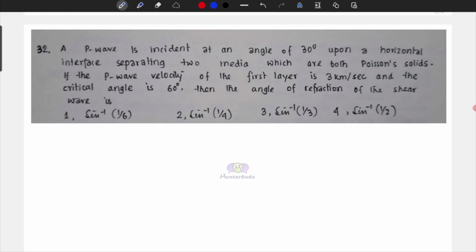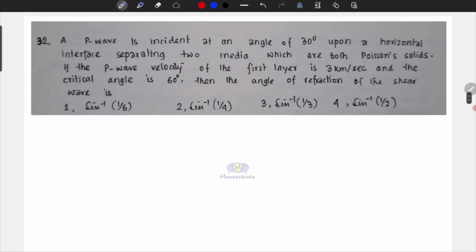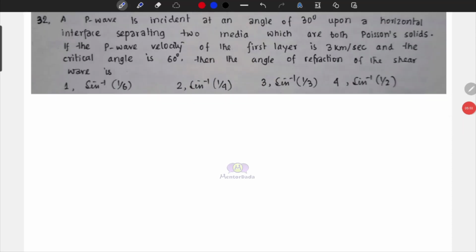Of course this is a numerical, so you have to calculate first and then match with your options. Let's start. Just draw an image. This is the interface between two media, and this is the normal to the interface.